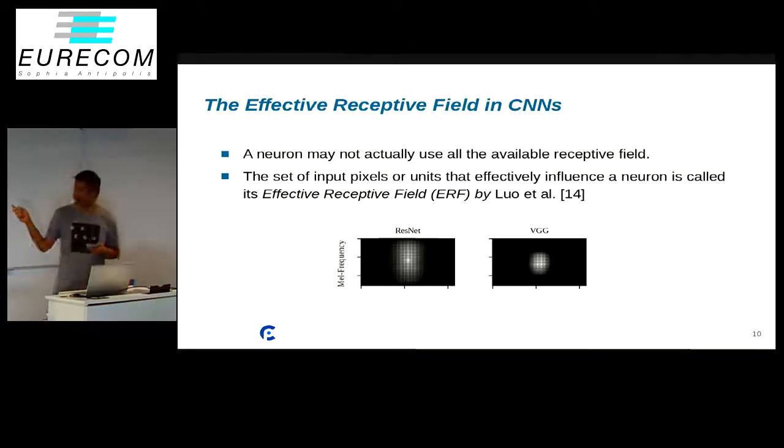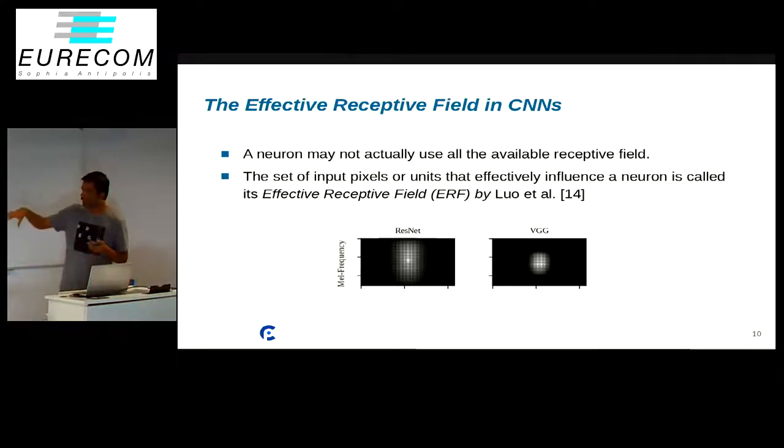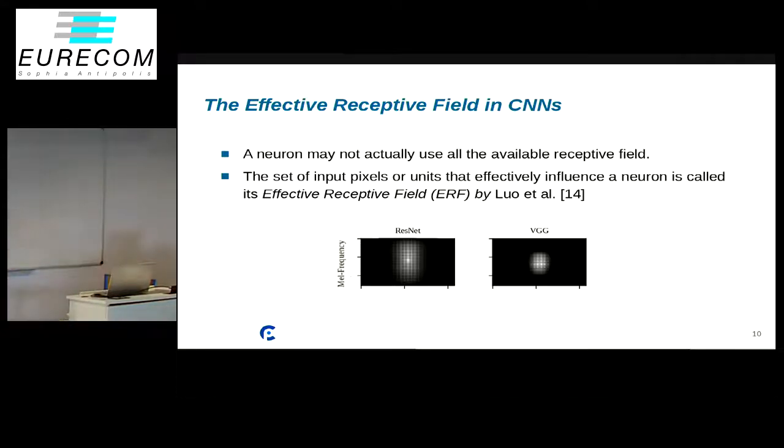So the formula on the previous page gives us the maximum receptive field that is available to every output. But all of the input doesn't need to actually affect the output. So we can use gradient methods to calculate the area in the input space that actually affects the outputs. So we see that ResNet has a much higher receptive field than smaller networks like VGGs.